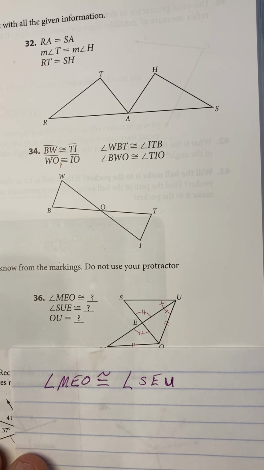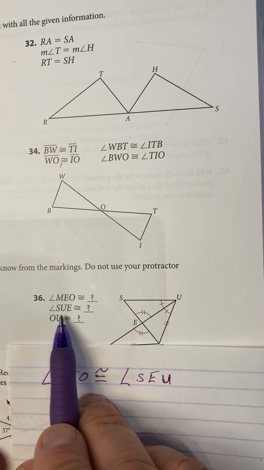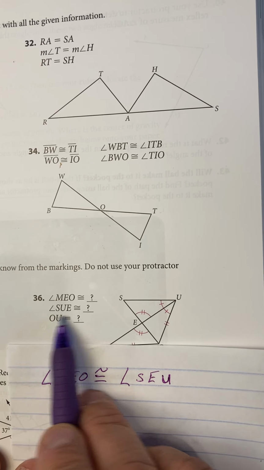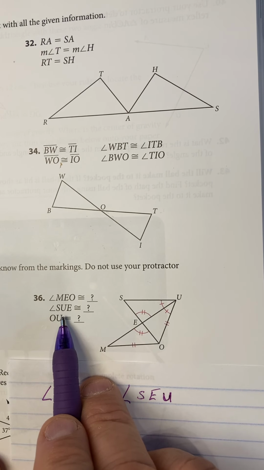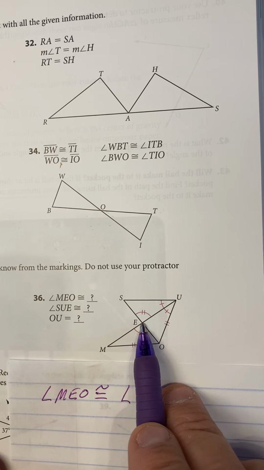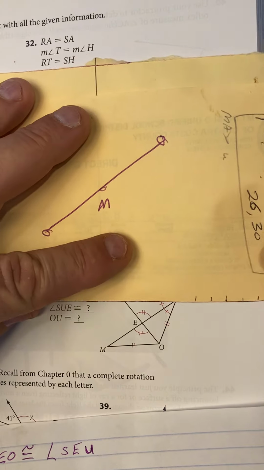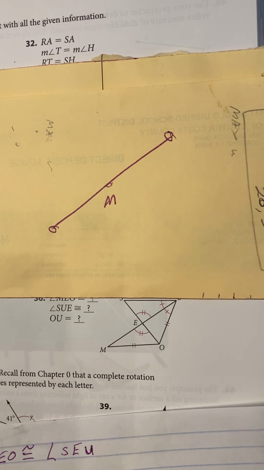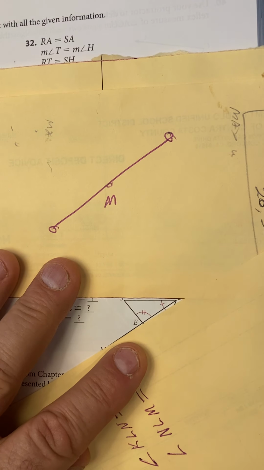Okay. Next one. Angle SUE. Angle SUE is congruent to what? U is the middle letter, so U is the vertex right there. From S to U to E. So here's S to U. There's U to E. It has 1 hash mark.